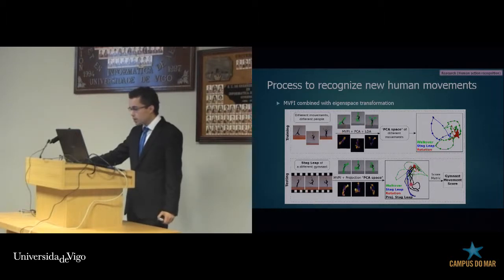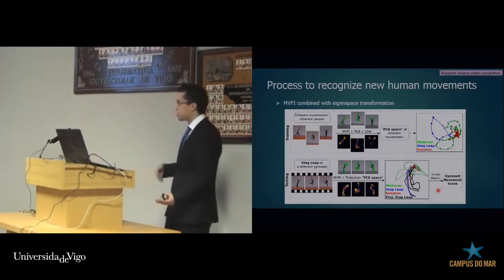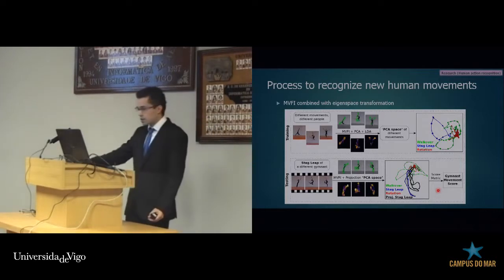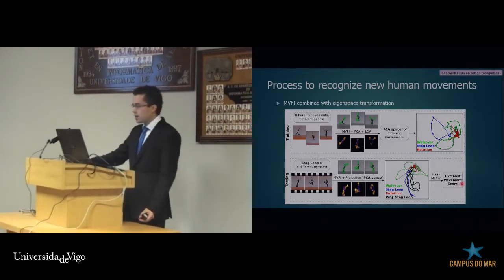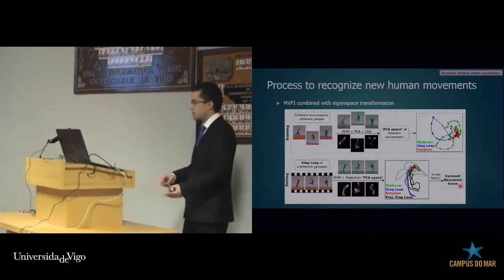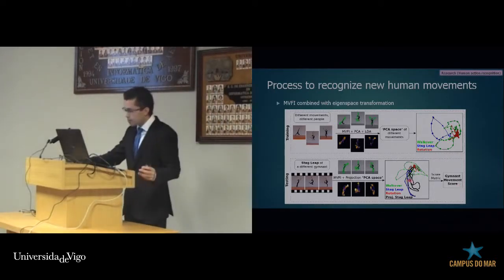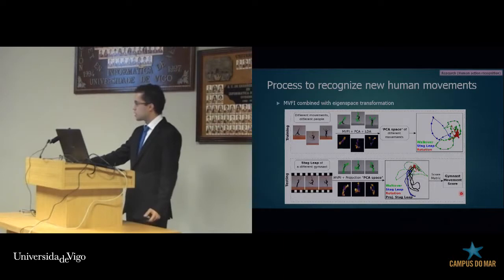You can see very well that it's more or less similar to the blue one. Of course, it's not the same, because here is a stag leap, it's a jump. Of course, the two girls don't jump in the same way, but you can see that the properties of the trajectory are really similar. So in that space, you can classify different human actions very well.